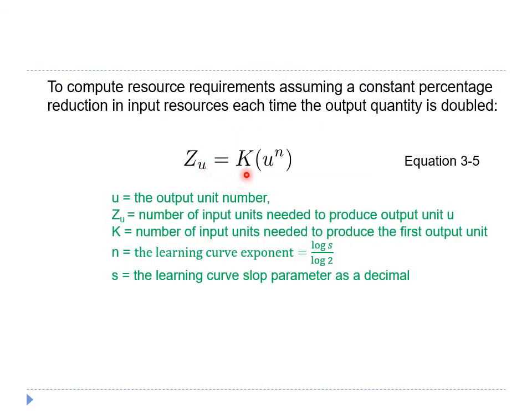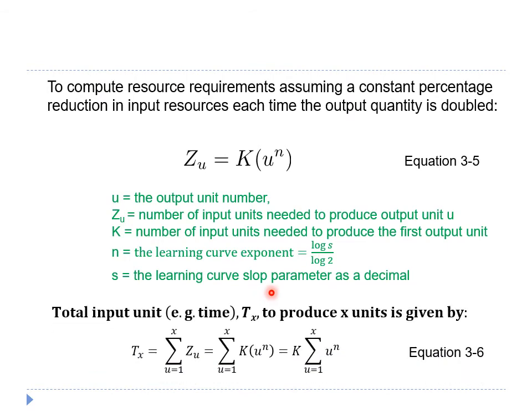These equations can be used to compute resource requirements, assuming a constant percentage reduction in input resources each time the output quantity is doubled. U is the output unit number, and Z_U is the number of input units needed to produce output unit U. K is the number of input units needed to produce the first output unit, and N is the learning curve exponent, which equals the ratio of log S to log 2, whereby S is the learning curve's parameter as a decimal.